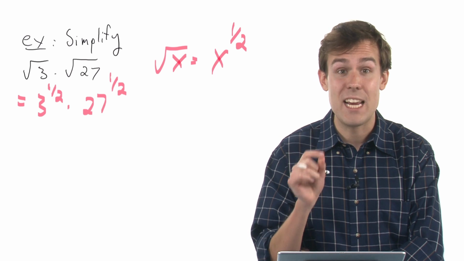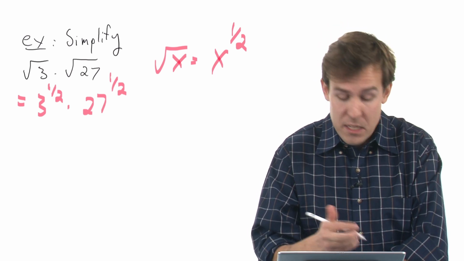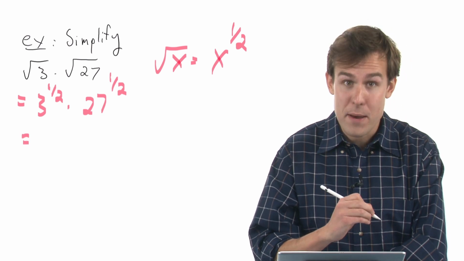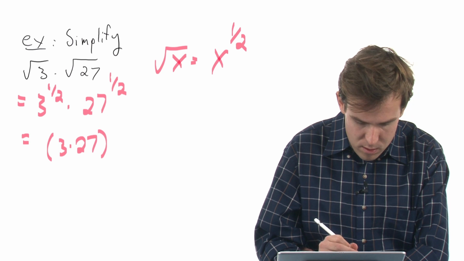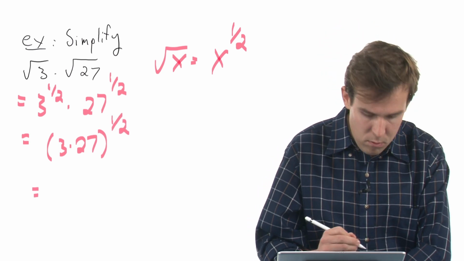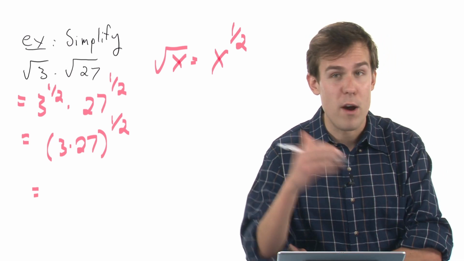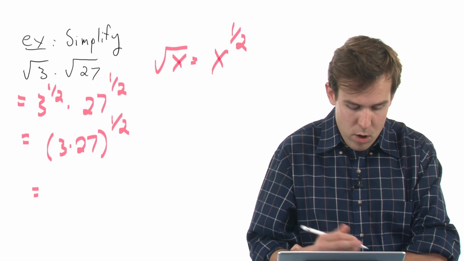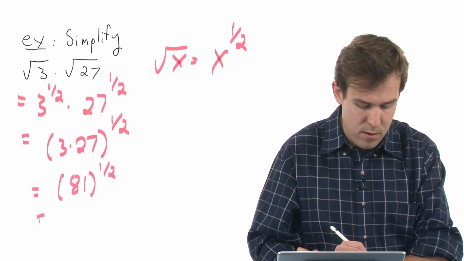I have the same exponent, different bases. How do I combine these? Well, I multiply the bases. So this is 3 times 27 to the 1/2. 3 times 27, maybe you know this, maybe you don't, maybe you write out the multiplication by hand. This turns out to be 81 to the 1/2.